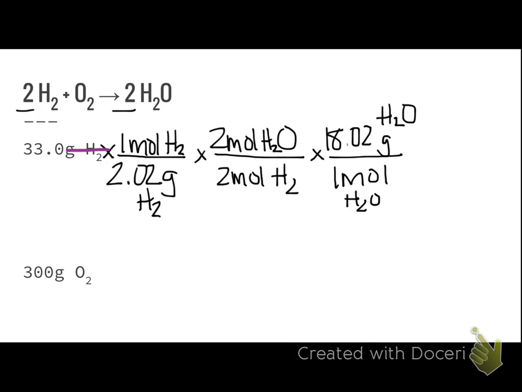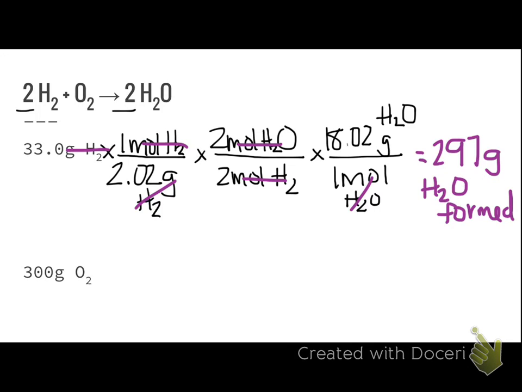Units cancel, grams of H2, moles, moles, moles, moles. We're left with grams. And that gives us 297 grams of H2O formed.